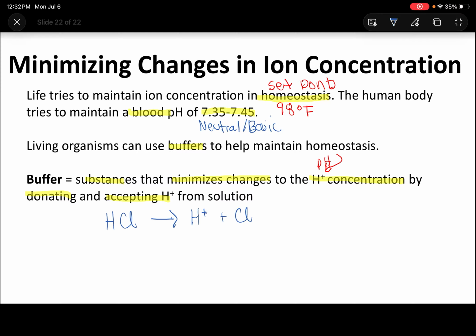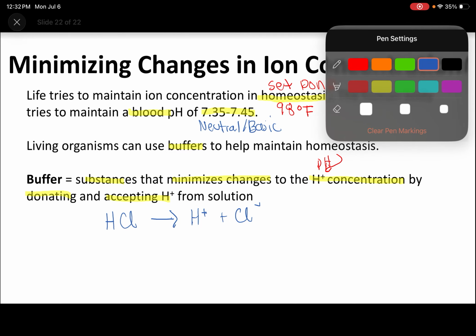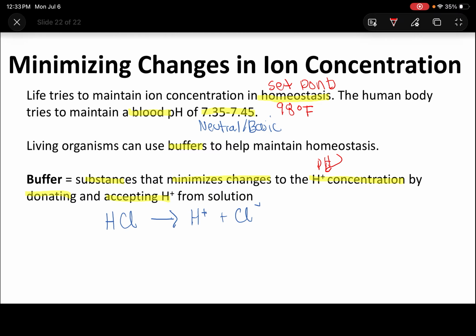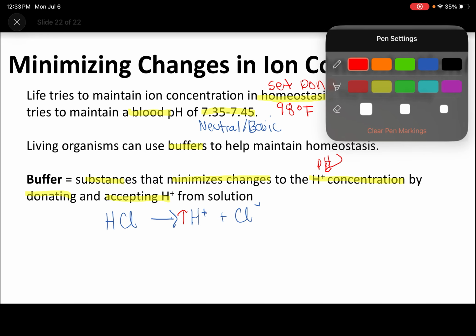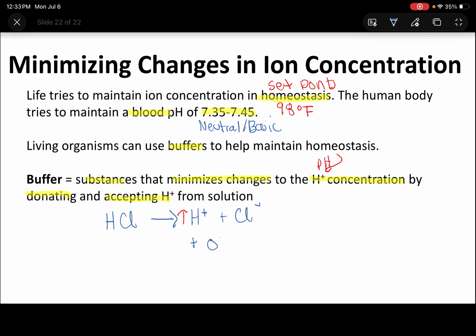If we were to drink hydrochloric acid, our body would have to counter the increase in hydrogen ions. It could do this by adding hydroxide or by adding a molecule to take away that hydrogen ion. So buffers control this change so that when we're eating something that's more acidic or even more basic, we aren't going beyond this set point of 7.35 to 7.45.